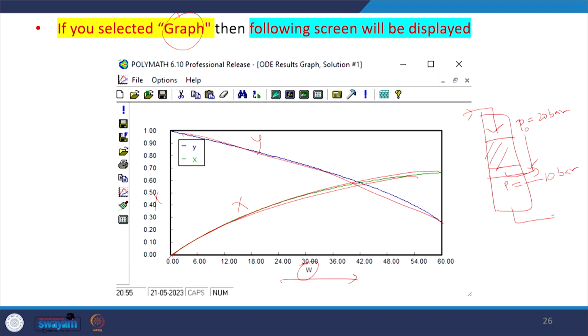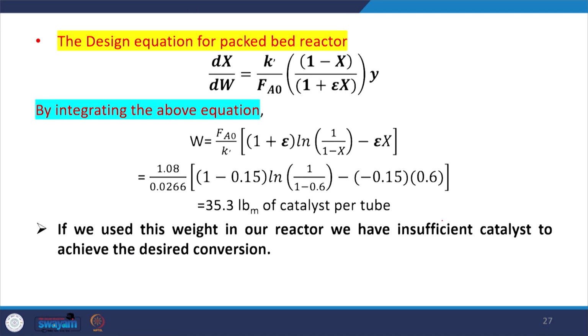If we further increase the catalyst weight up to this, the pressure may be 5 bar like that. So 20 bar initially, and from that it changes. y equals P by P0, where P0 is let us say 20 bar. So P gradually decreases, and this y value would decrease.